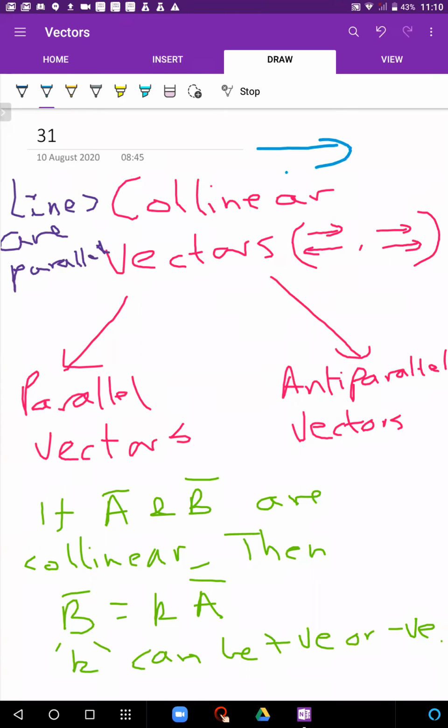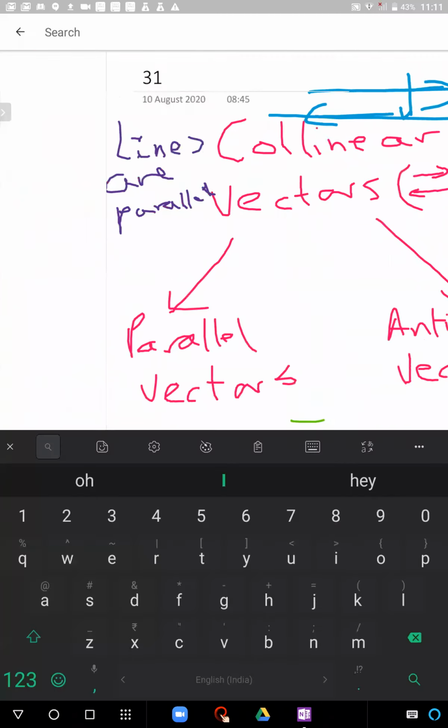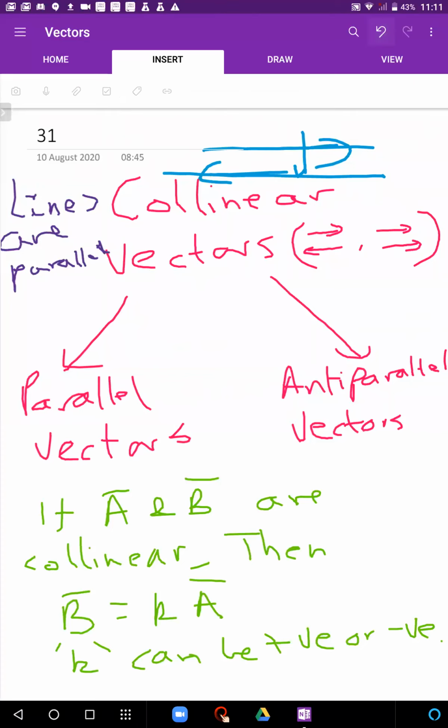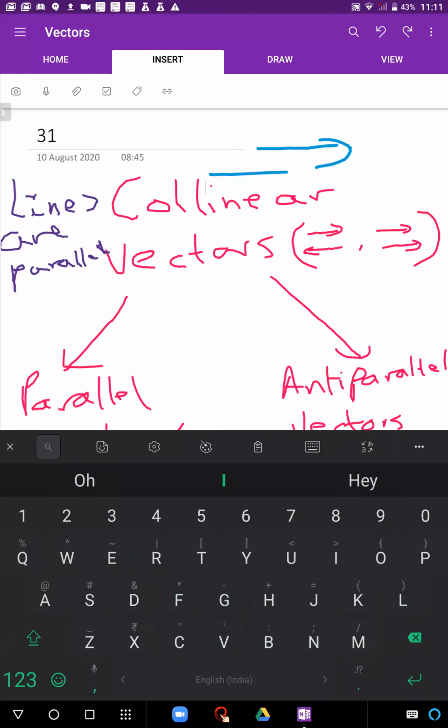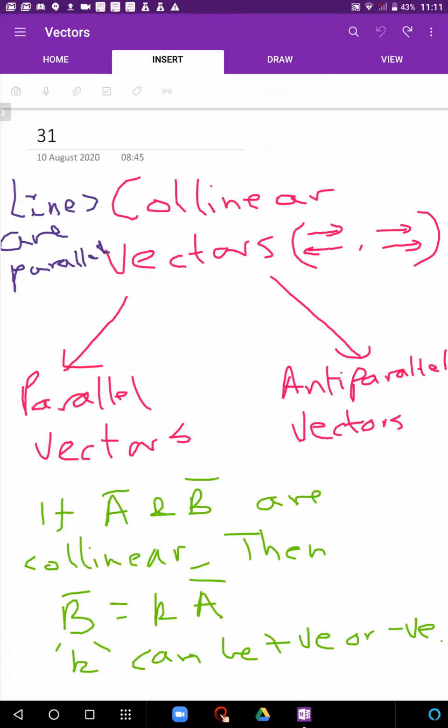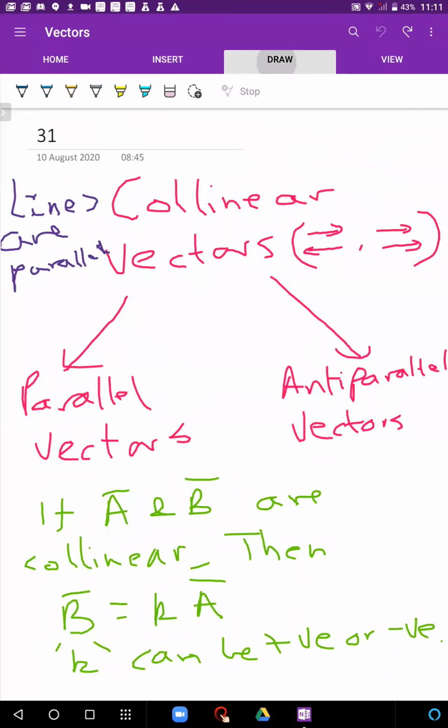As I just showed while solving that question, whether the vector lies along parallel lines or the same line doesn't matter, because I can easily shift the vectors and put them on the same line if they are along parallel lines. So parallel lines, same line, it's the same thing for vectors, since we can shift them parallelly. So collinear vectors are vectors where the lines are parallel.